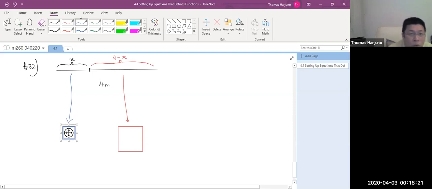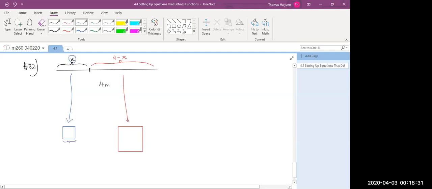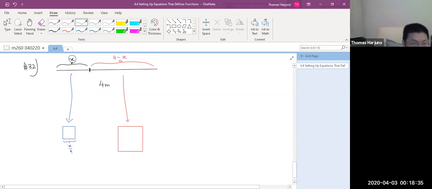Okay, so this x here, when you bend it to a square, what will the side of that square be? X divided by 4. That's right. Because the perimeter should be x, so I divide by 4.